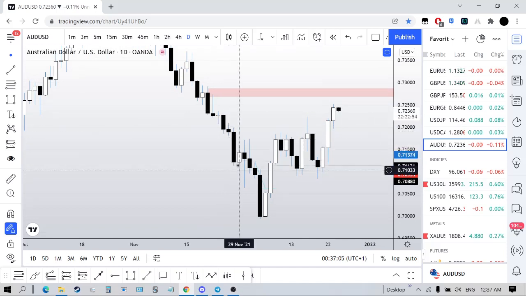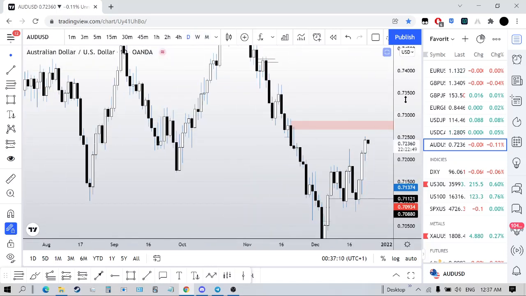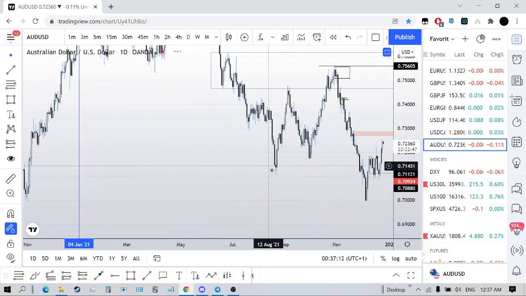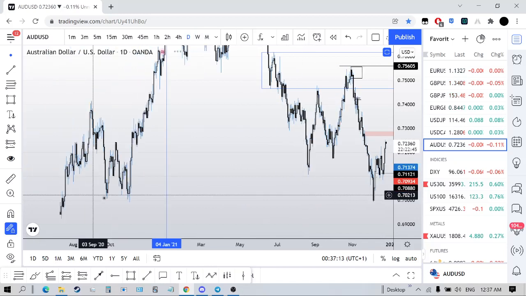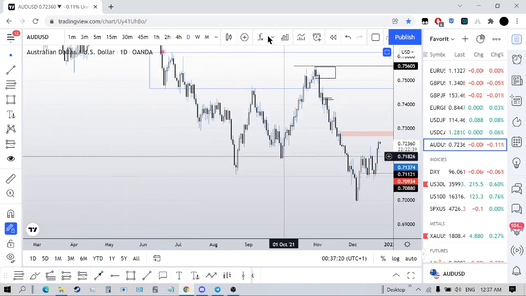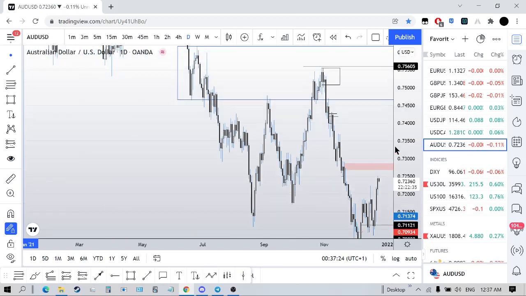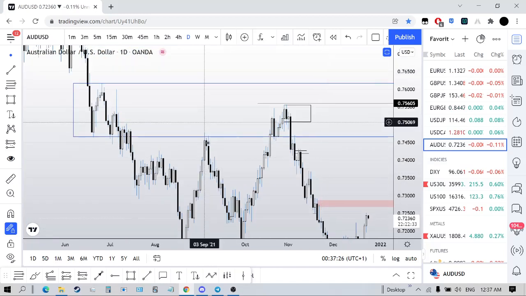So this is how you study it, until you get to your draw on liquidity, which was these lows right here, and then this double bottom right here. That's how you really train yourself, and this is how I take a lot of my entries. Whenever I want more confirmation, I'll wait for price to come into an order block.